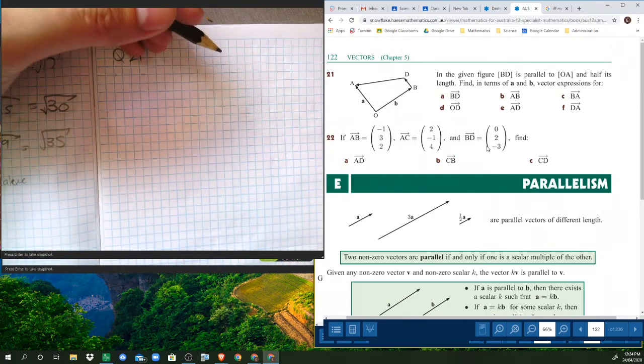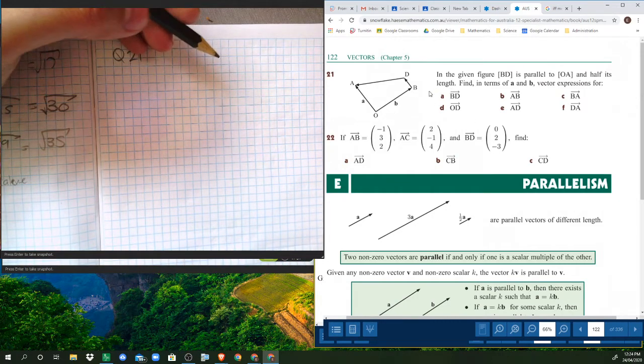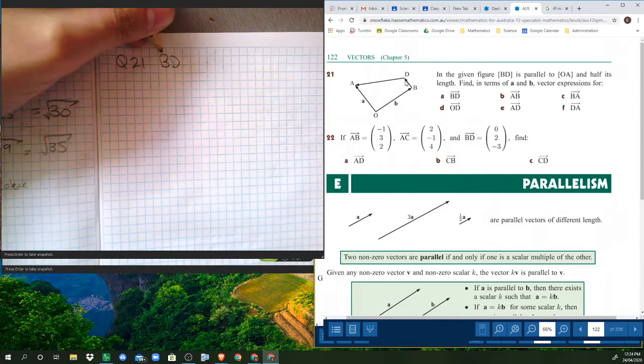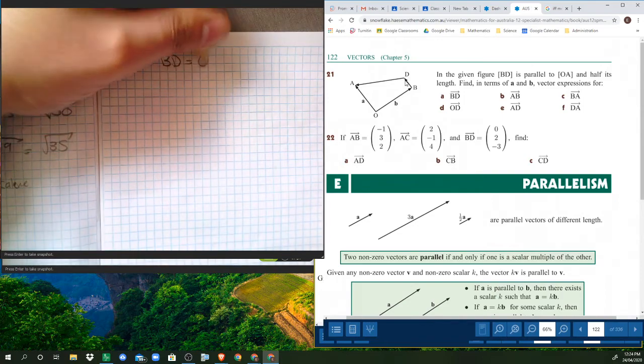In the given, we don't have a parallelogram. I think it's not a rhombus. It's a trapezoid because they're parallel but different lengths. BD is parallel to OA and half its length, so BD equals 1/2 OA.